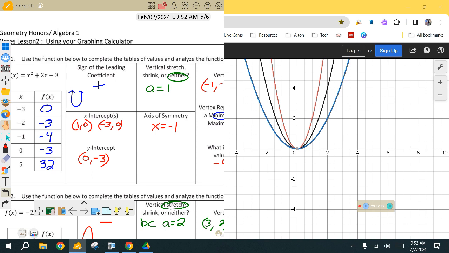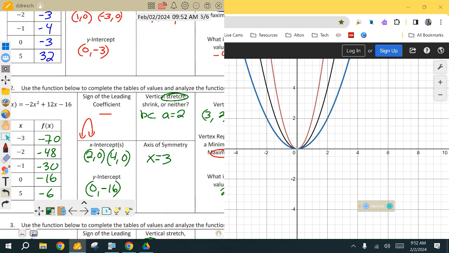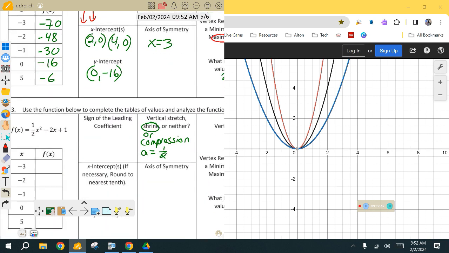If it's greater than 1, we get a stretch. The values start to be stretched out. And if it's between 0 and 1, you start to take them in halves or thirds or whatever, we start to compress it. We also call it a shrink. So it gets a little bit wider type of graph.